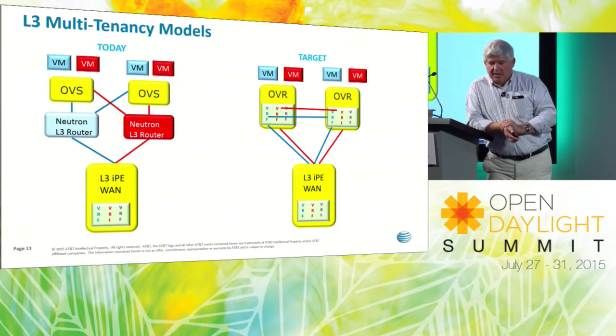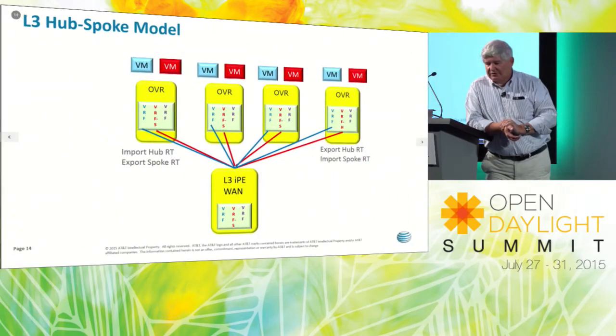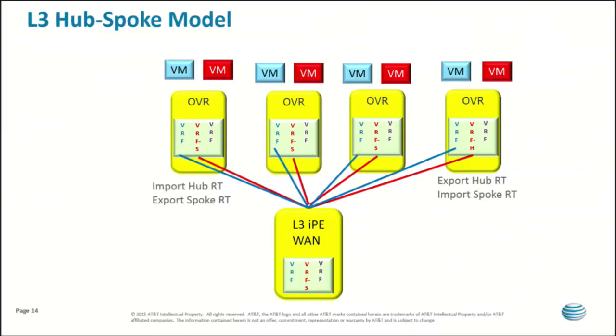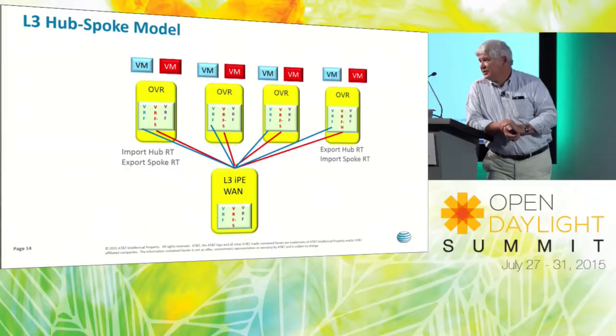Okay. What that also would allow us to do, and we want to highlight for folks, is hub and spoke networking inside the data center. What this means is the vRouters on a particular server or hypervisor would have different configurations. So you have different import and export route targets on the VRFs that are part of the hypervisor or vRouter, vSwitch layer for the customer.